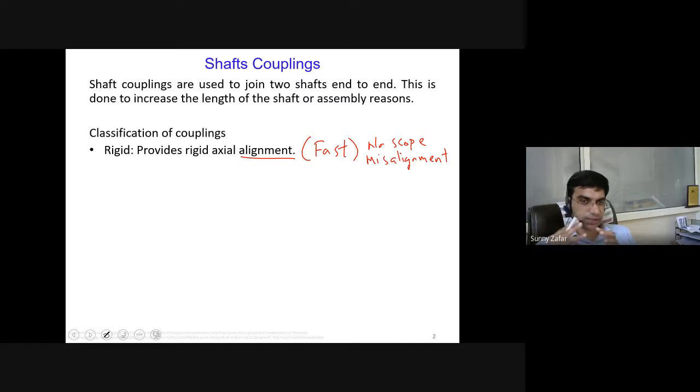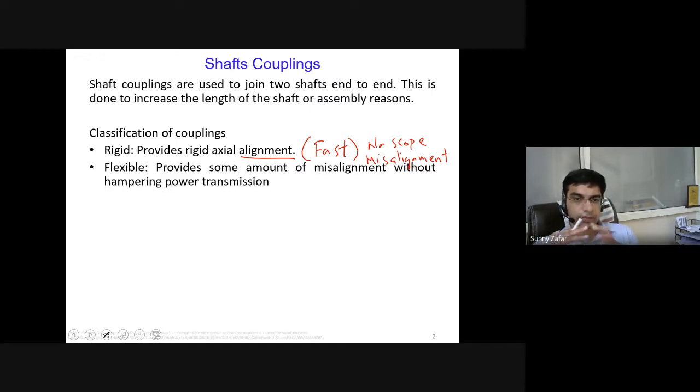They are also known as fast couplings because for very high speed, where we don't want any type of misalignment, these types of couplings are preferred. Next, we have the flexible coupling. As the name itself indicates, some amount of misalignment is accommodated without hampering the power transmission.